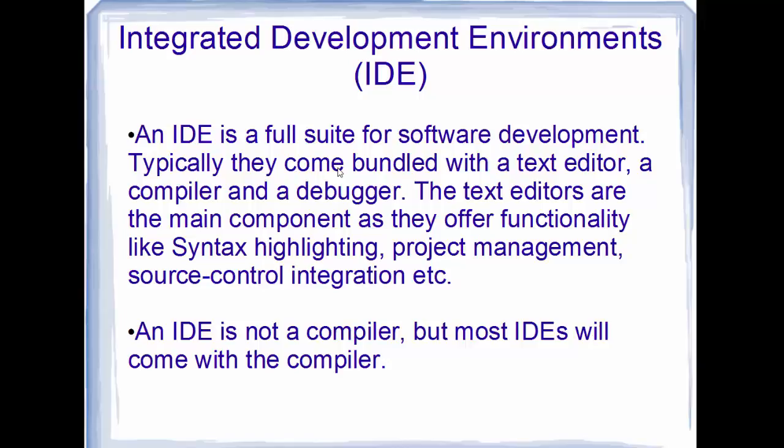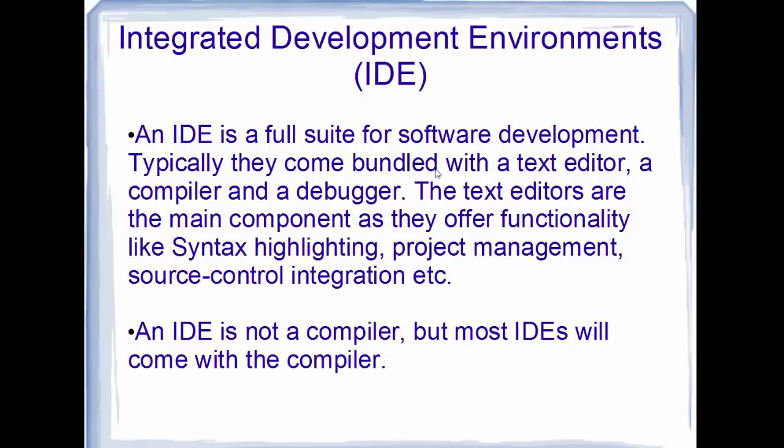Typically an IDE comes with a text editor, a compiler and a debugger. The text editor is where you will write your code. The compiler is a tool which will convert your software into an executable file. And a debugger will help you find bugs in your code.